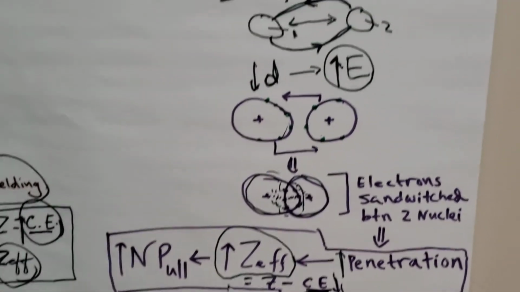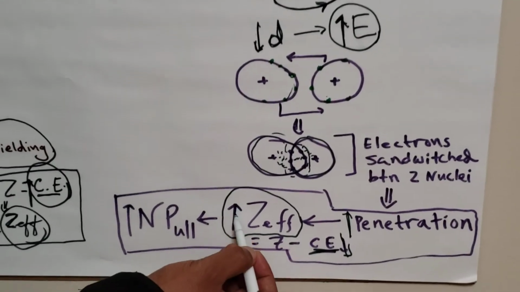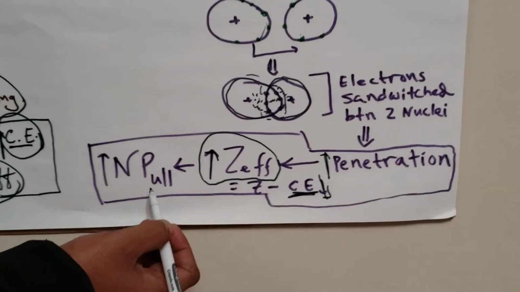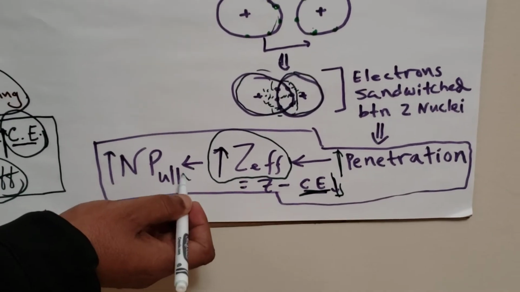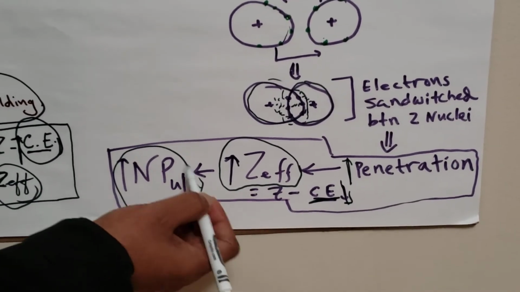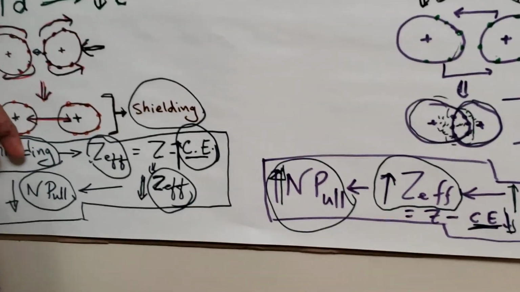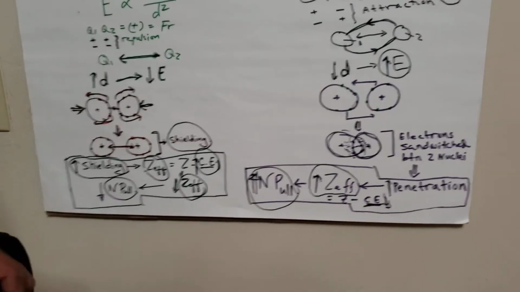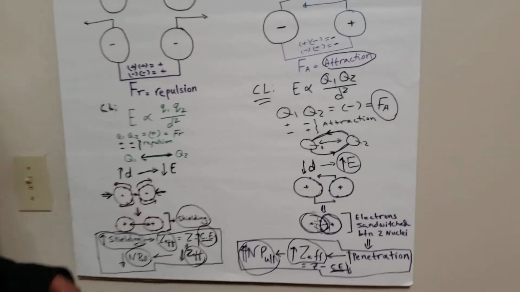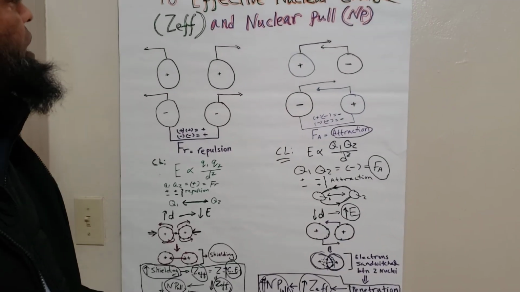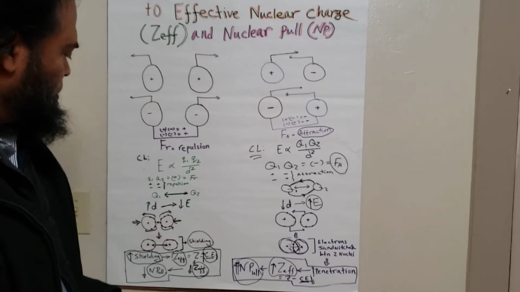When Zeff increases, we also get increased nuclear pull. So this is the relationship between Coulomb's law, effective nuclear charge, and nuclear pull.